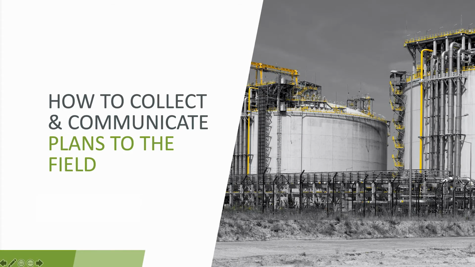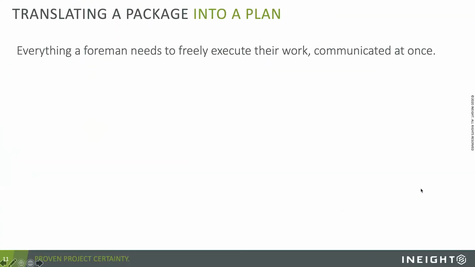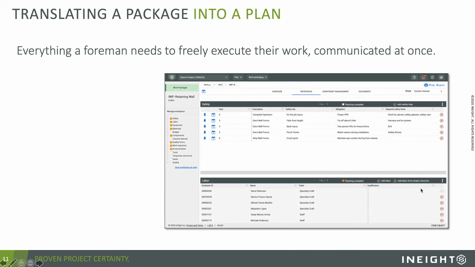Once you're constraint-free, then you've got to collect all of this information that you've built to date, and you've got to communicate that out to the field. So what are some of the things that the foreman needs to go execute the work? Well, that's things like the plot plans or the drawings, the scope of work.